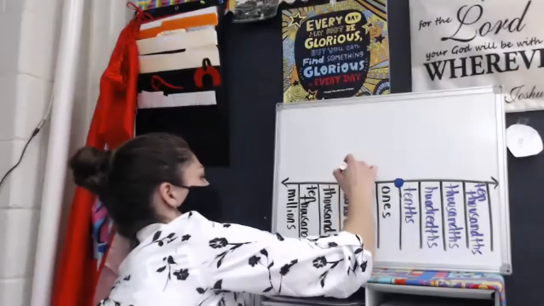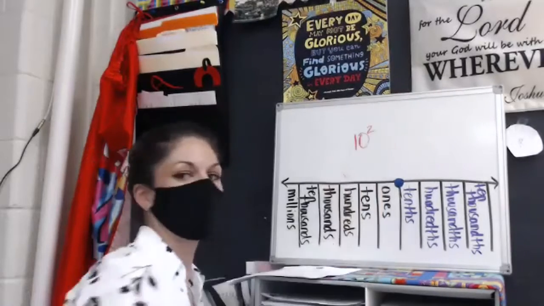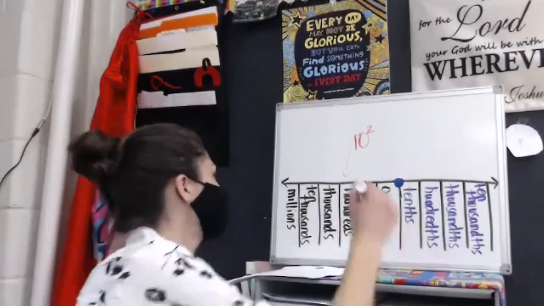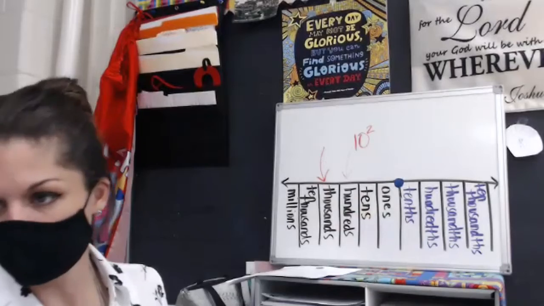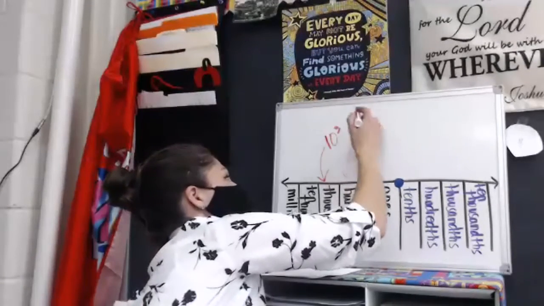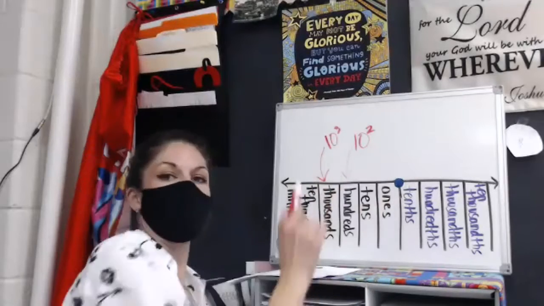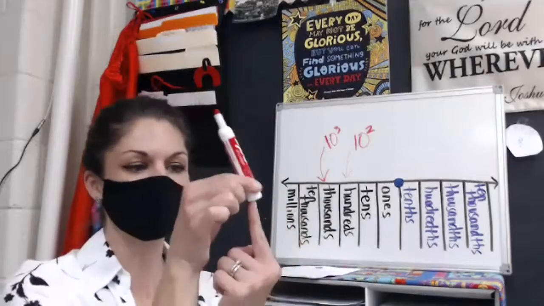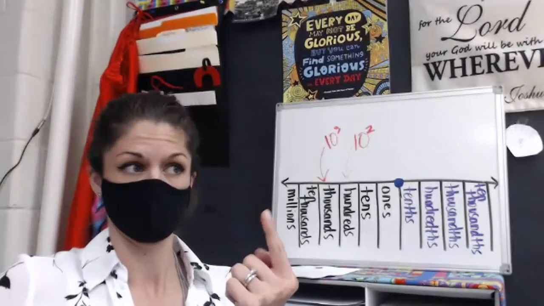Yes, very good. 10 to the power of 2, or 10 to the second power, right? What goes with thousands? John, what goes with thousands? 10 to the third power, which means it's literally 3 steps away from the decimal point. That's what 10 to the third power means: if I were at the decimal point, I'm 3 place values away. Does that make sense?